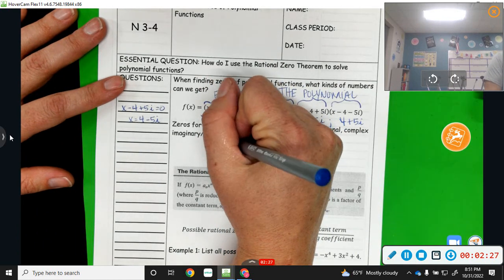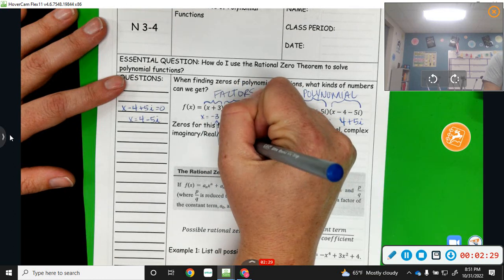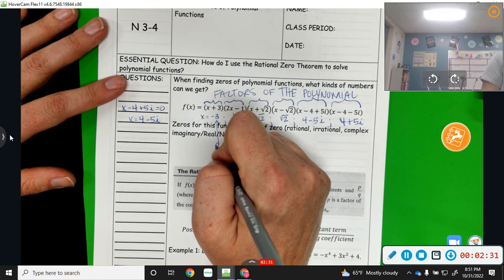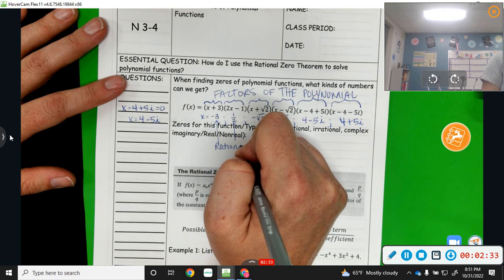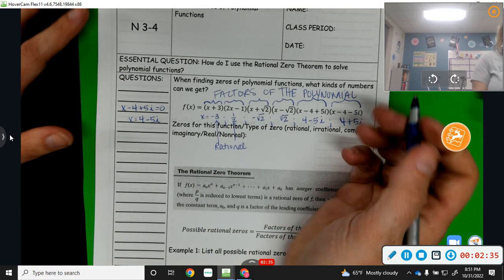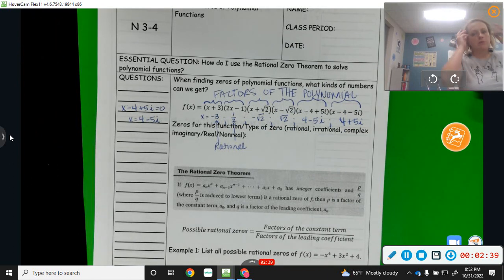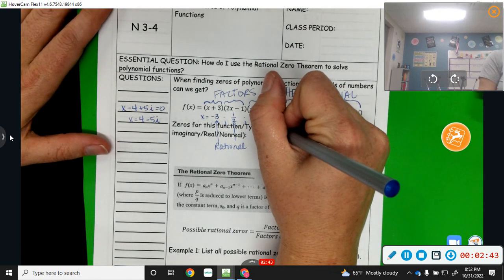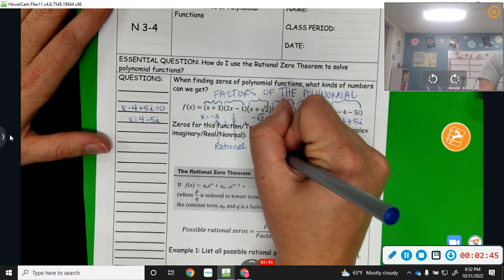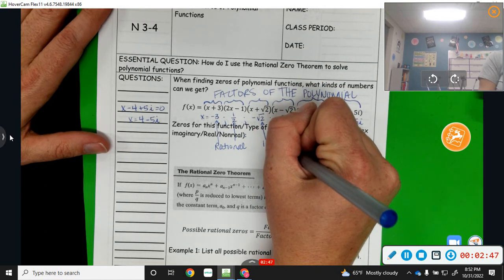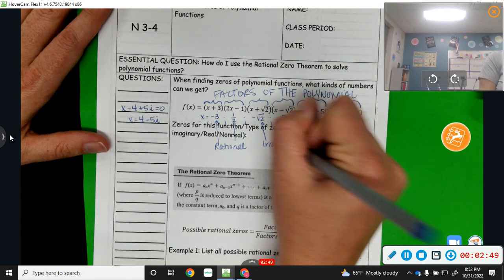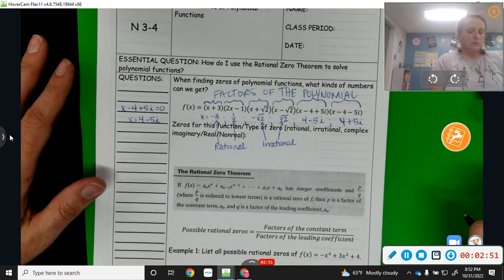So if we look at these two types of zeros, these are both rational, which means that they either have a repeating decimal, or they can be written as a fraction. These are going to be irrational. It can't be written as a fraction, and they have non-repeating decimals.